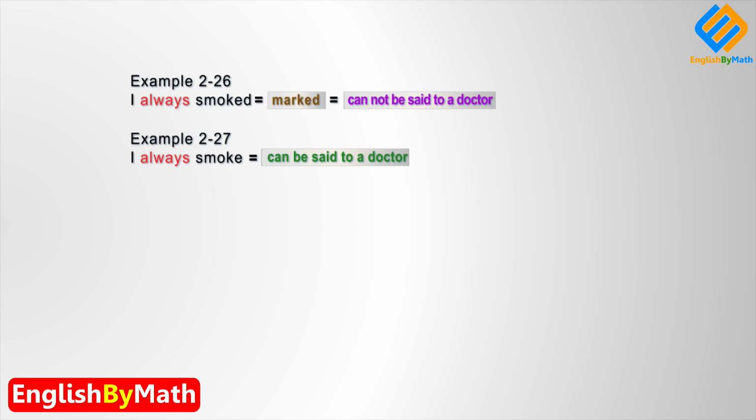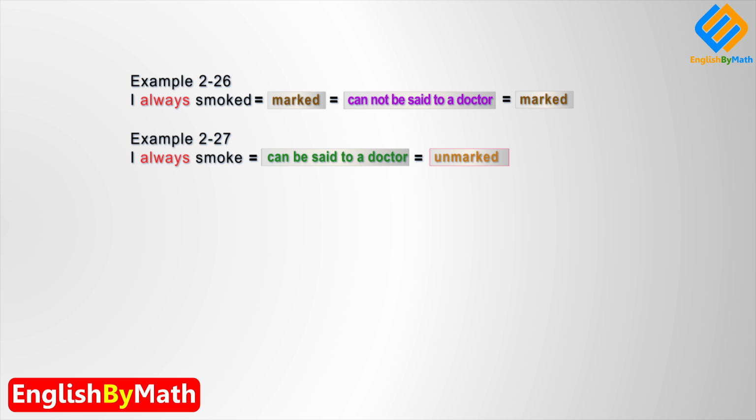Sentence 227, I always smoke, is therefore more common or used more often than sentence 226. This makes example 227 unmarked when compared with 226, which in turn is marked.